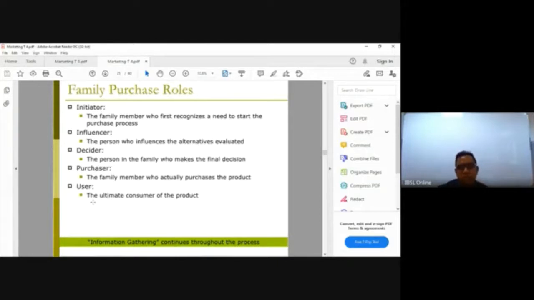Now, how does this affect our banking? When it comes to banking products, is family influence also applicable? Yes, to some extent. Sometimes, especially with children's accounts, we give attractive gifts to the children. That is to influence children, to influence their parents.